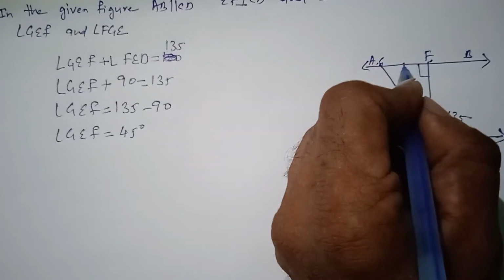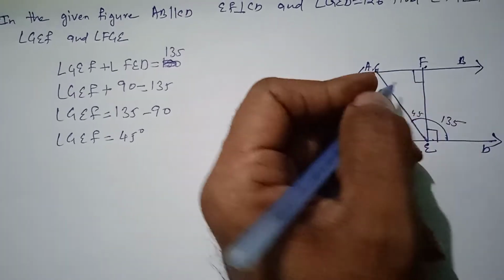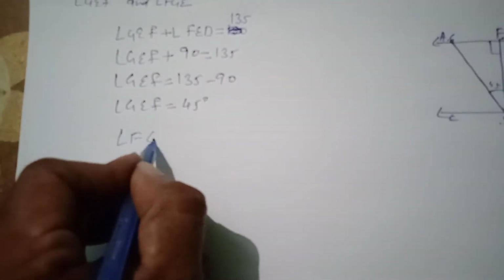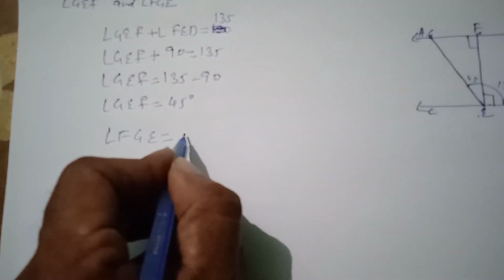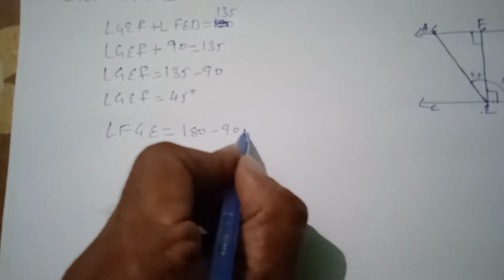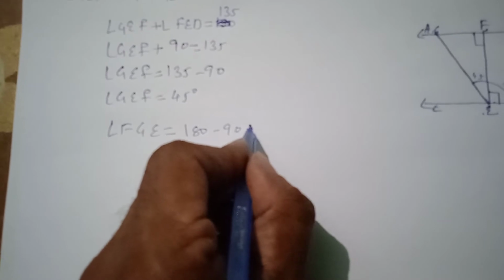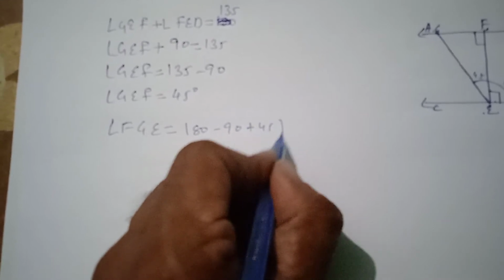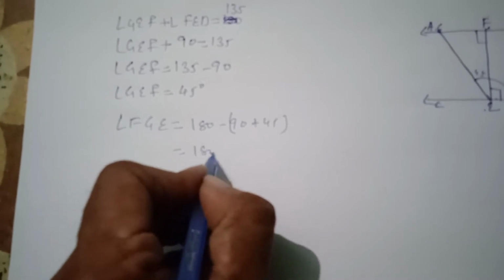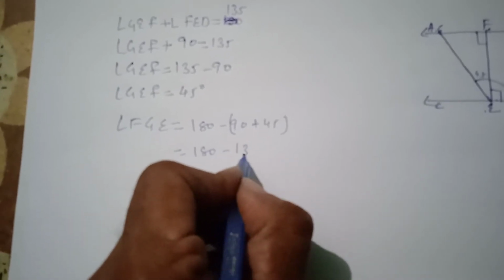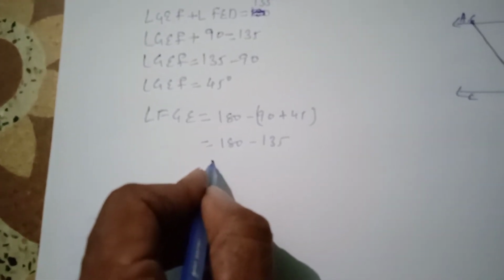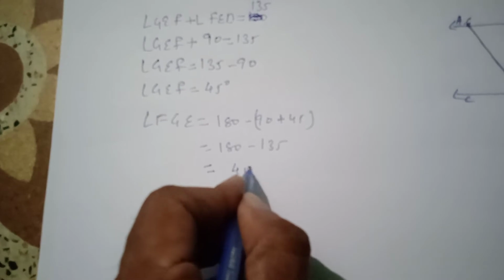So angle FGE is equal to 180 minus 90 plus 45, is equal to 180 minus 135, is equal to 45.